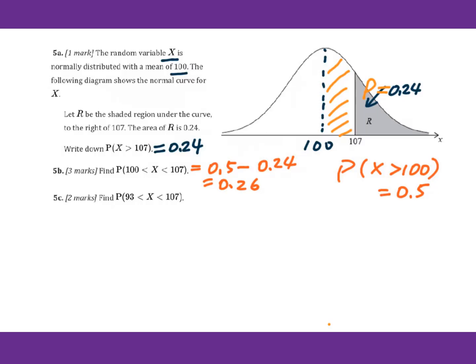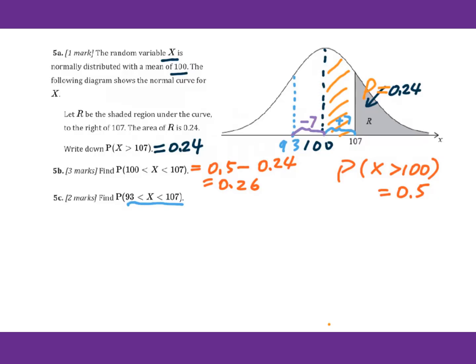Then find the probability x greater than 93 and less than 107. 93, you will draw over here, 93. Since this is adding 7, and from here to here, that is we minus 7 from 100.